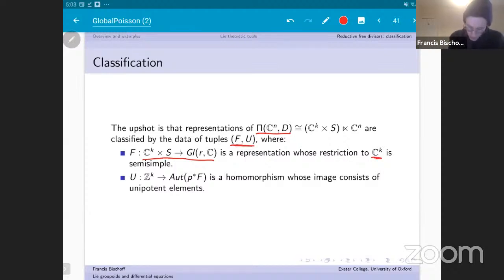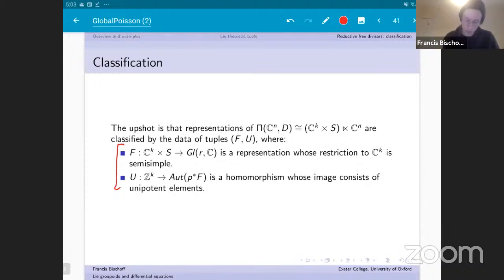And u is a homomorphism from Z^k into the automorphism group of the associated groupoid representation, whose image consists of unipotent elements. From this point, it's possible to further massage this into a nicer statement of the classification, but I think the main work is already achieved, so I'm just going to leave it at this.